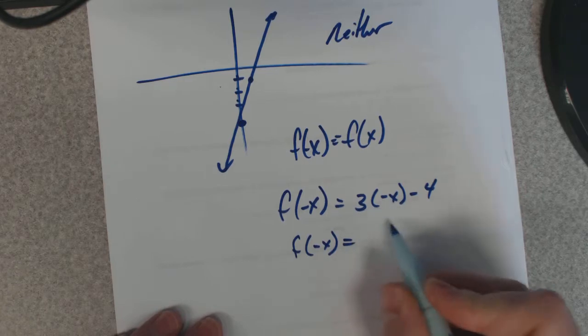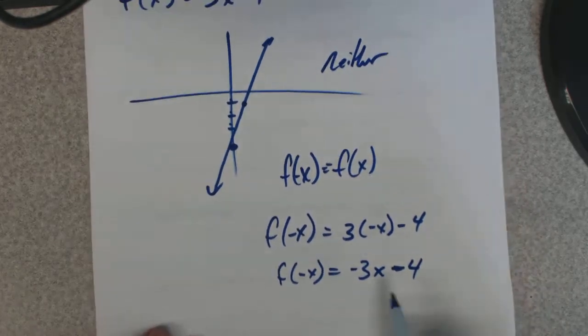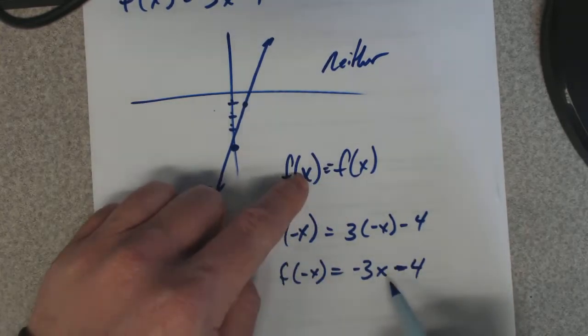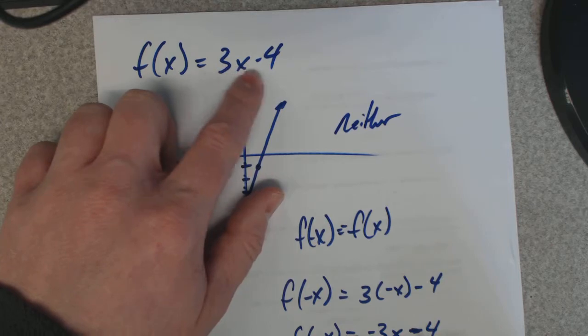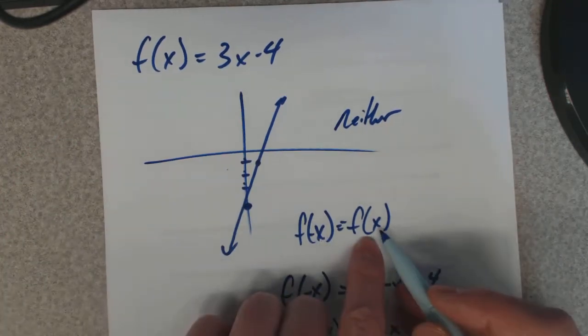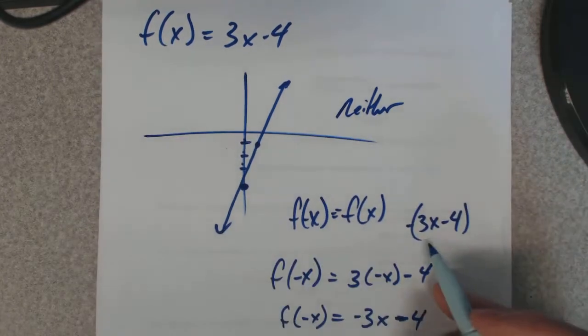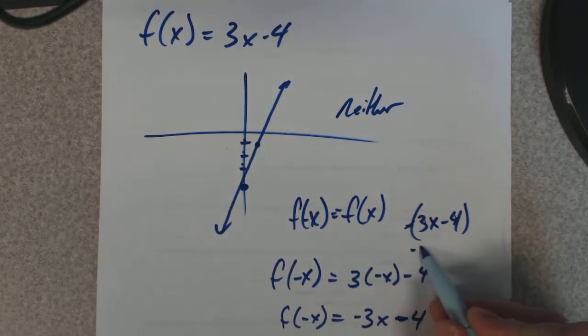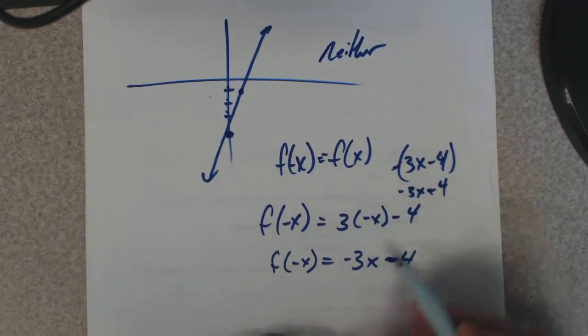Well, that is going to be -3x, oops, -4. That's not the same as having a negative out in front of this. If you plug negative x in, you're supposed to get a negative function, which is -3x minus 4. Well, if I distribute the negative, I get -3x plus 4, which is not the same.